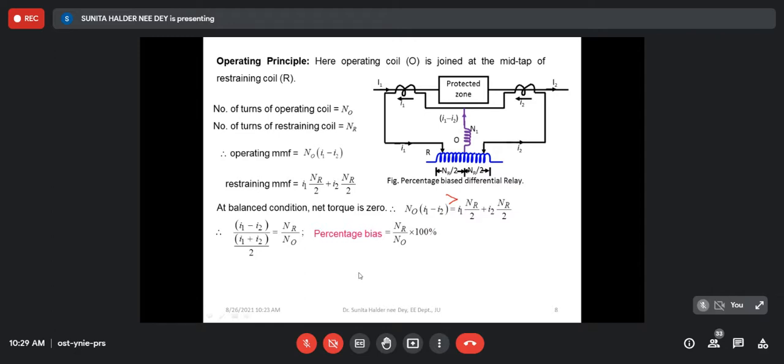Because in that case, we have to overcome only the CT unmatching criteria, not the current unmatching criteria, because the same current will flow from the entry side to the outgoing side in the case of a generator or alternator winding. Have you understood why the percentage bias is more for the transformer differential relay than the generator differential relay?